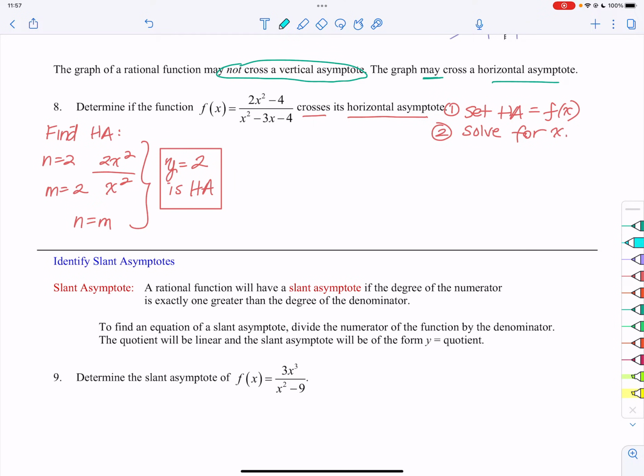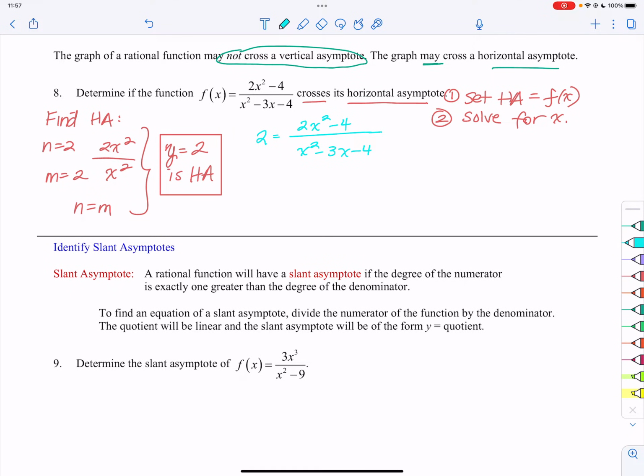Okay, so we're going to set 2 equal to 2x squared minus 4 all over x squared minus 3x minus 4. And now we'll multiply both sides by that denominator. So we'll have 2x squared minus 6x minus 8 equals 2x squared minus 4.